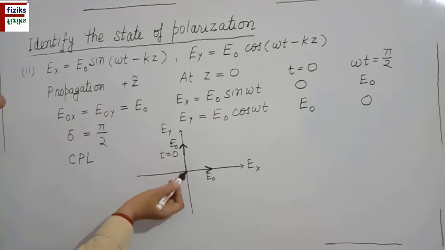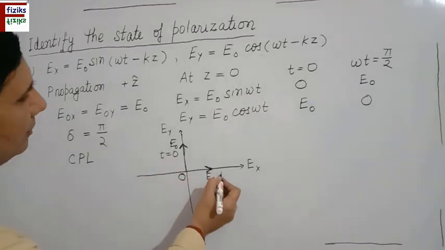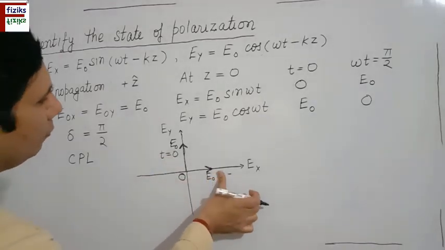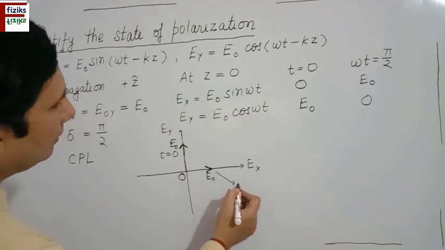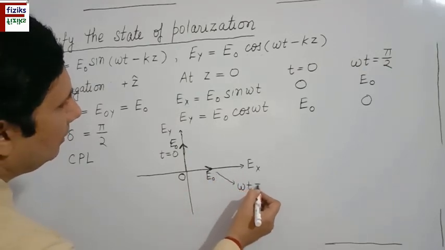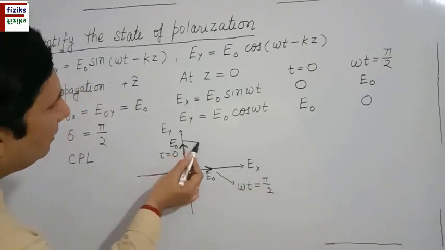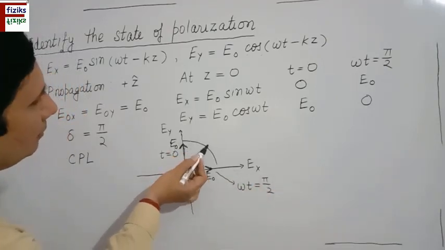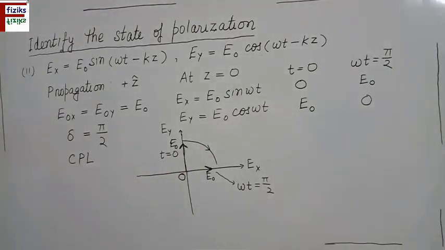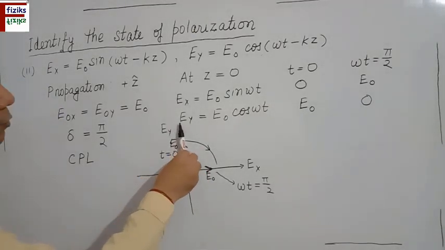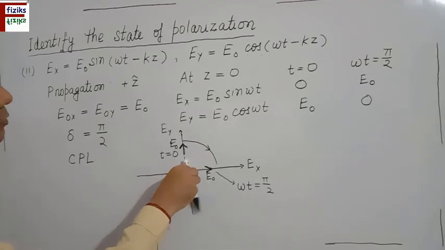This is the initial position at t equal to 0 and this is the position at omega t equal to pi by 2. So this electric vector is moving in this direction. It is rotating like this.